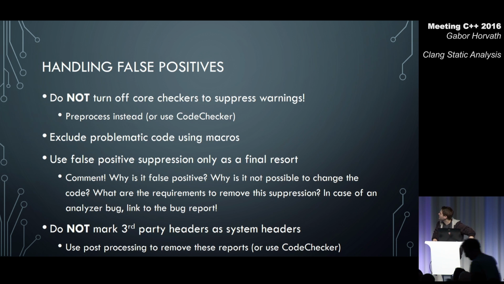So when I say pre-processing, I don't mean pre-processing the code, but pre-processing the reports. So the reports that are not relevant to you are not displayed to the user. Okay. Thank you for the question.